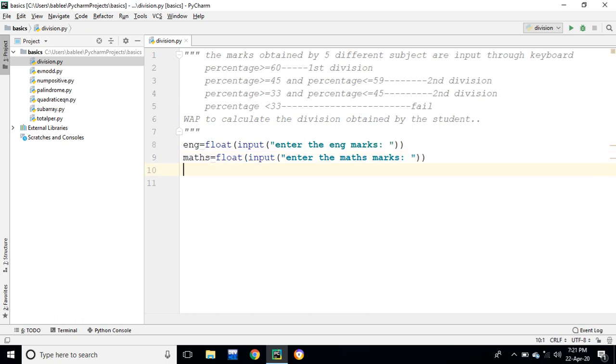Thereafter we have science equals to float, and thereafter input, enter the science marks.